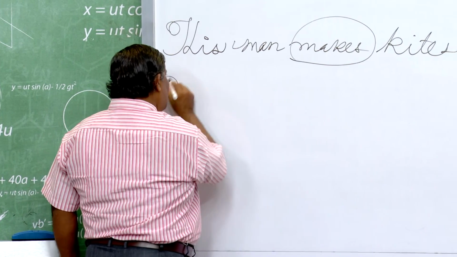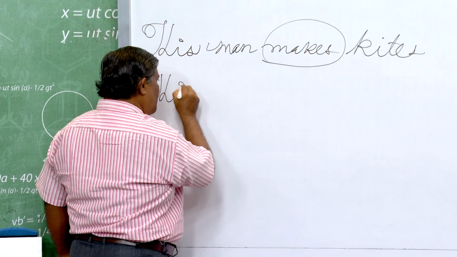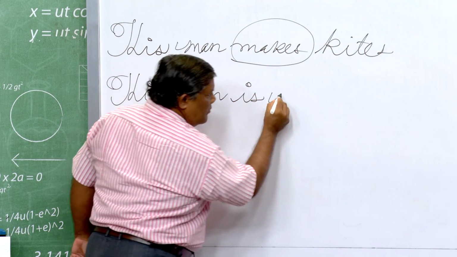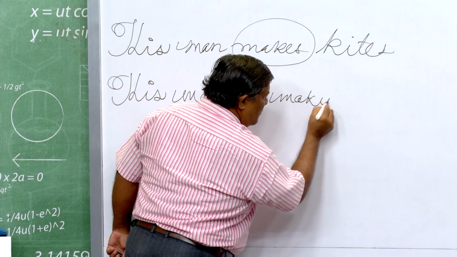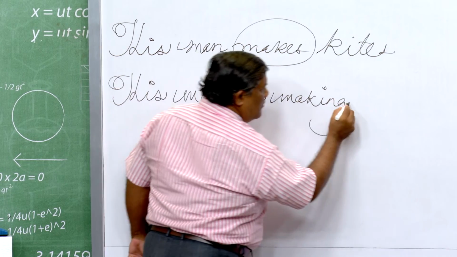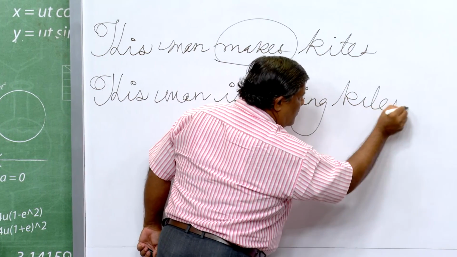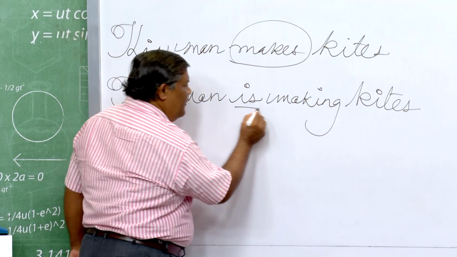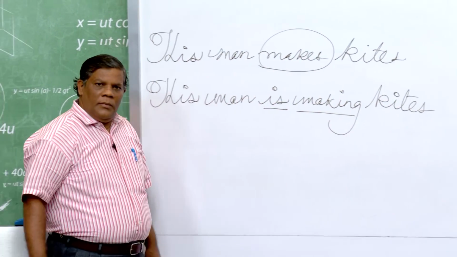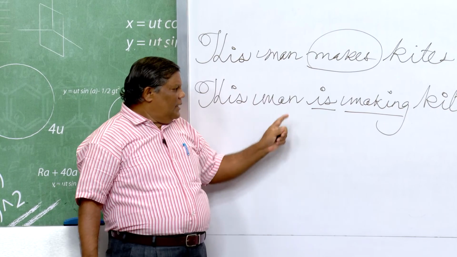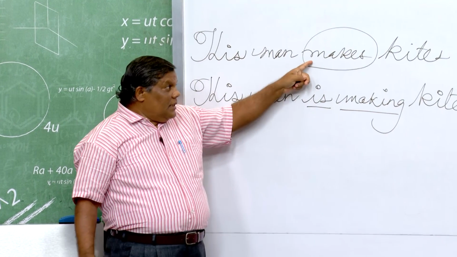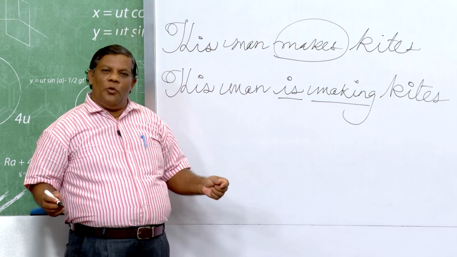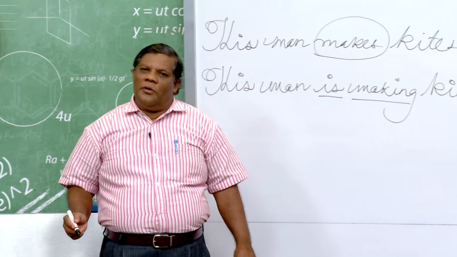And let us now take the sentence. How many verbs are here? Here we have two verbs, here we have one verb, and here we have two verbs. This is a single verb, and this is called a compound verb form, because when we have more than one verb, we call it a compound verb form.